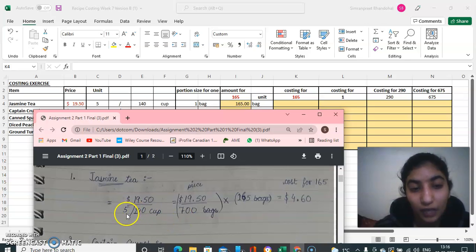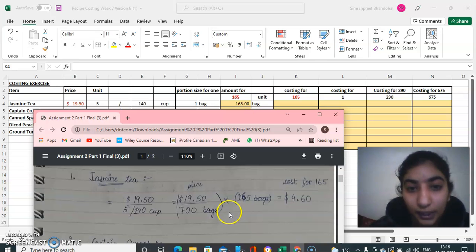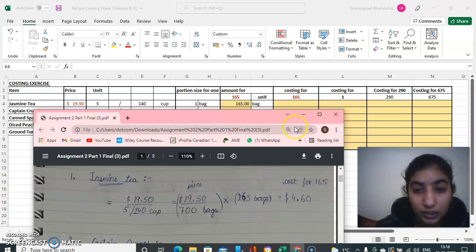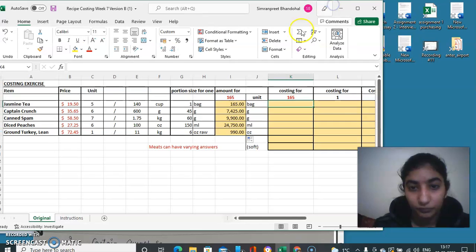So multiply 5 by 140, we will get 700, and then multiply it again by the amount for 165 we require. So here we require 165 bags for jasmine tea, which we just found in the I column, and then we will incorporate this into the Excel sheet the same way we got it here.